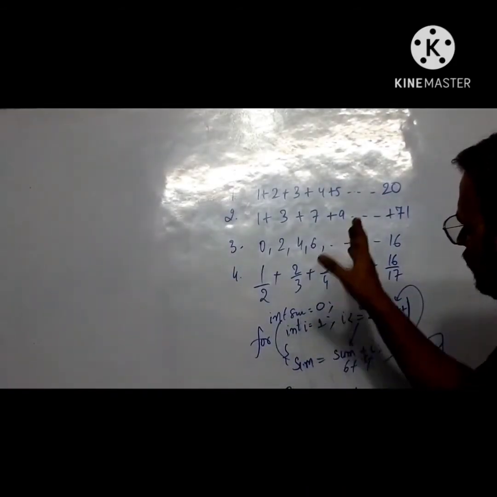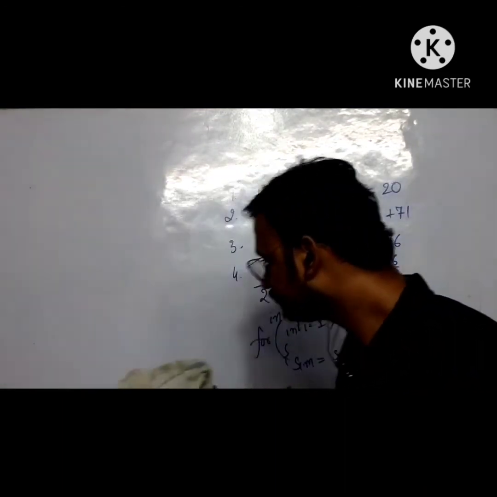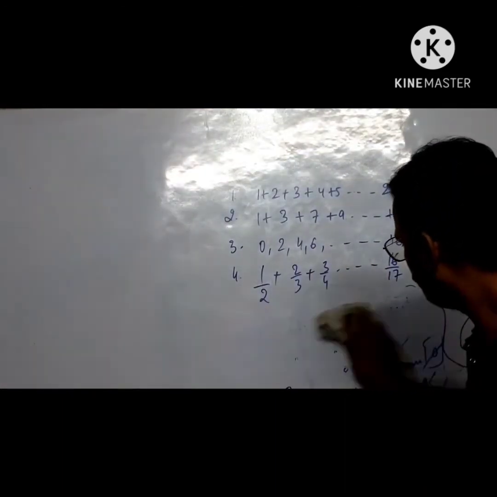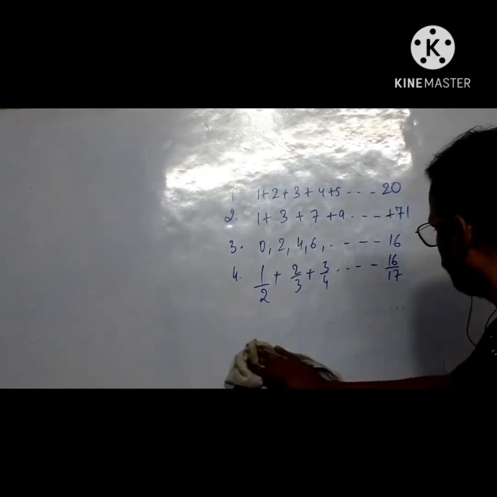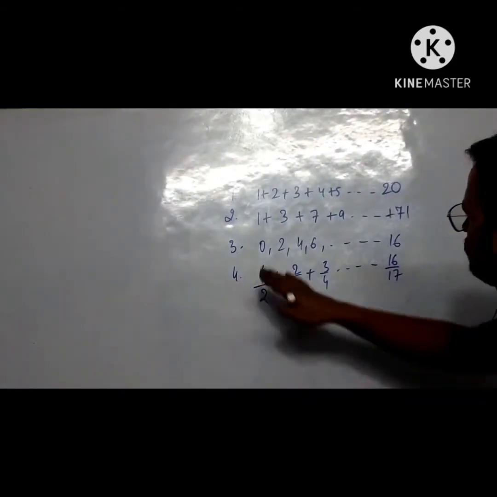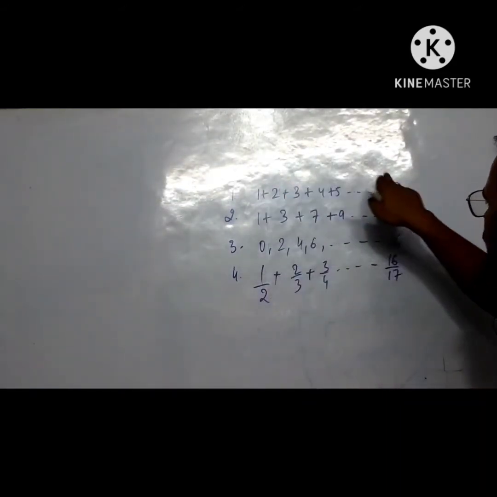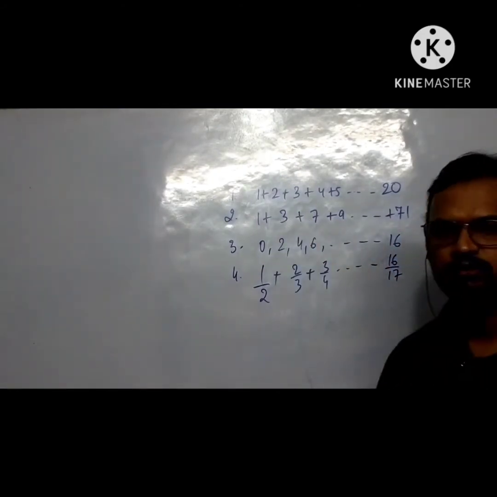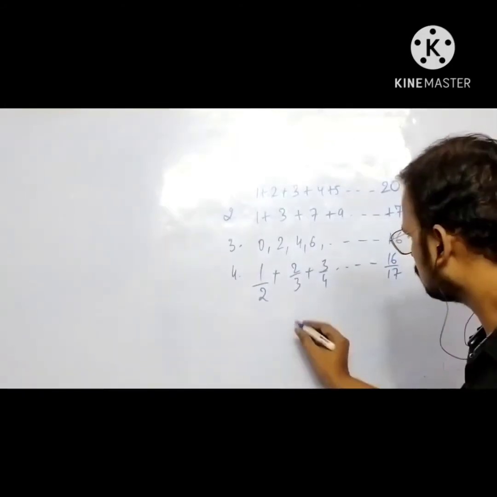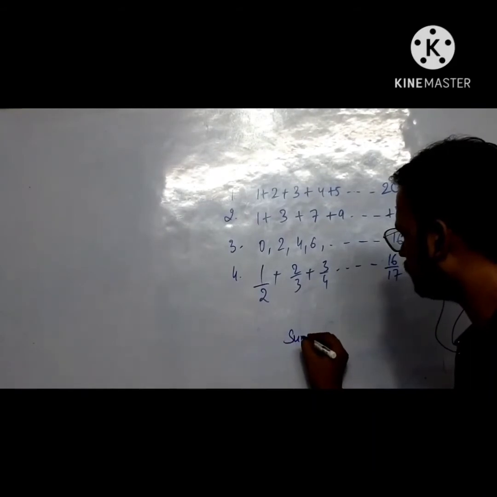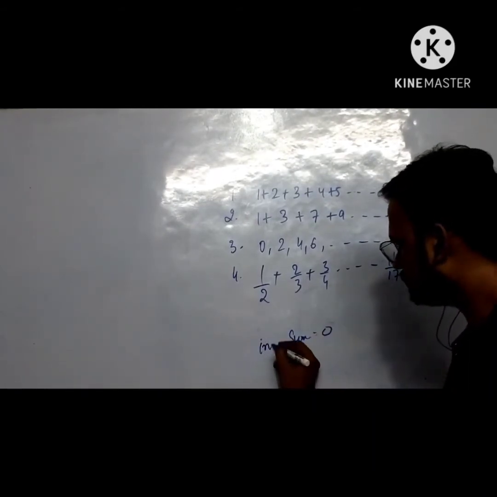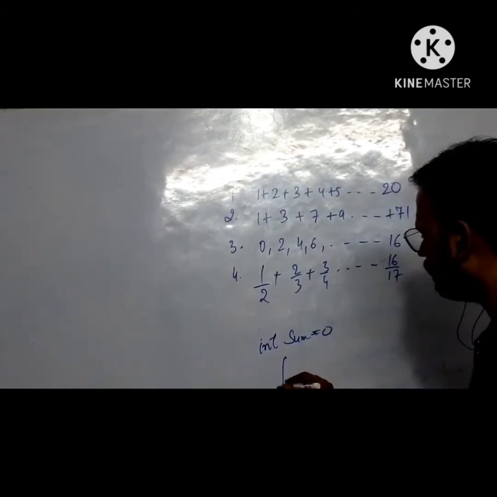Shall we move on? Suppose question number 2. See, we have to start from 1 to 71, but now the increment is of 2. So let us move. Int sum equal to 0. Okay, for loop.